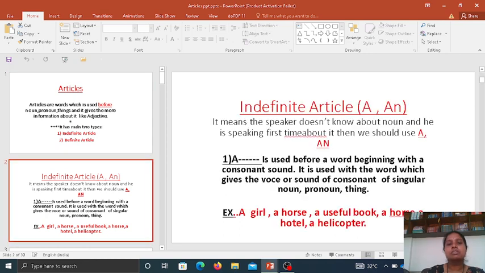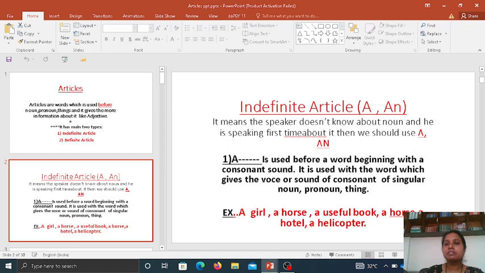So, indefinite articles, what do they mean? Indefinite articles are a, an. It means the speaker doesn't know about the noun and is speaking about it for the first time, then we should use a, an in the sentence.